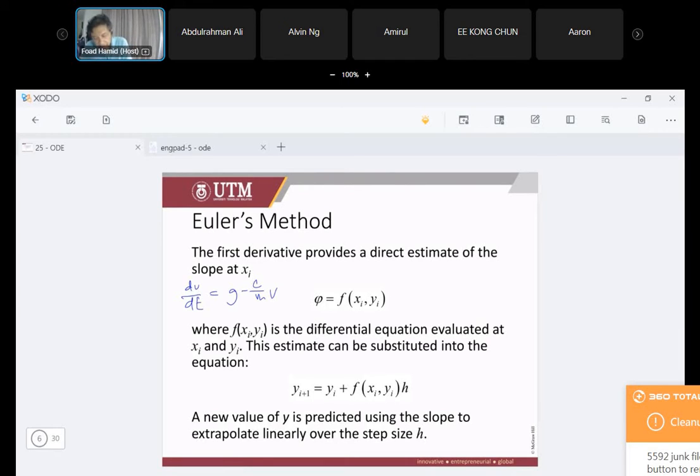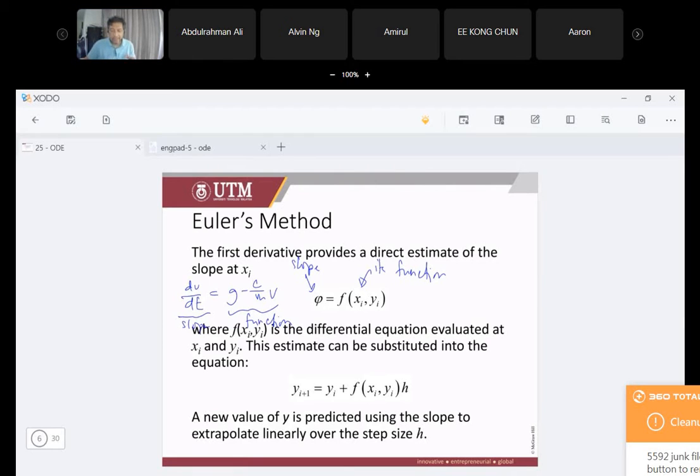Note that dv dt, or dy dx, is just the slope, and this is the function of the slope. So slope and its function.